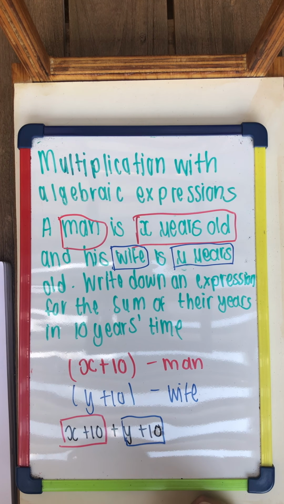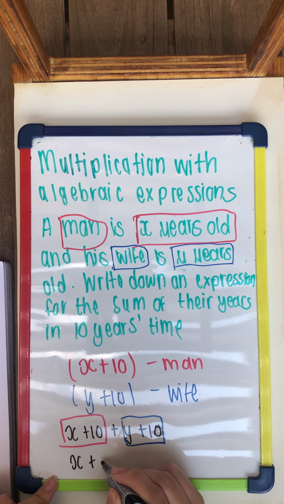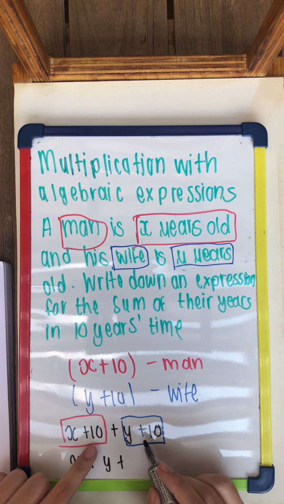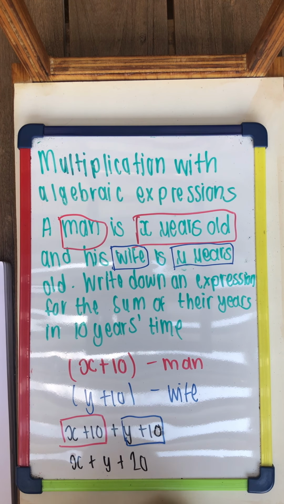Okay, now if we look at this, how are we going to write this simply? Okay, we've got X plus Y plus 10 plus 10. Okay, so I've got X plus Y plus 10 plus 10 is 20. So I know whatever their age is, I add them together and I add 20, and I'll be able to get what the sum of their ages are in 10 years time.